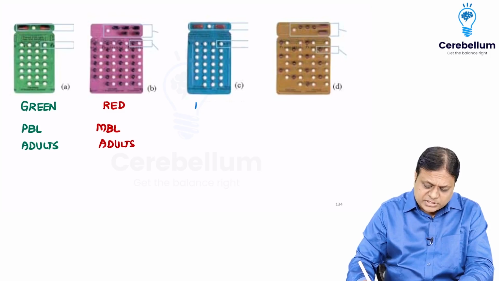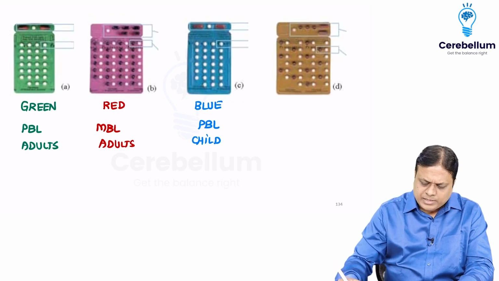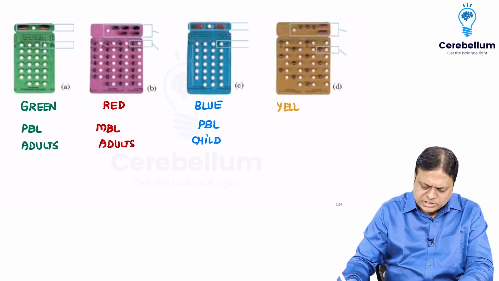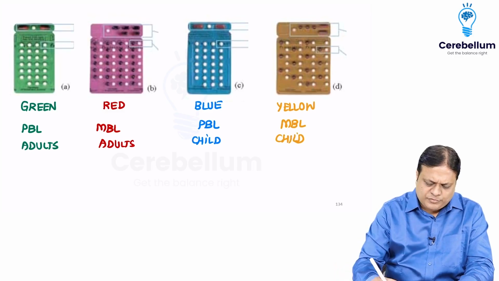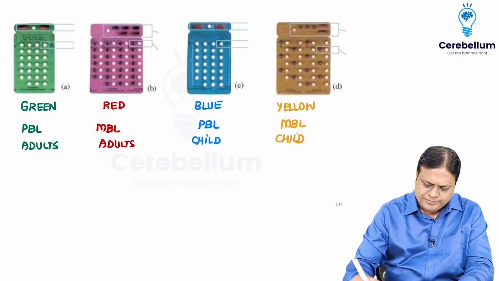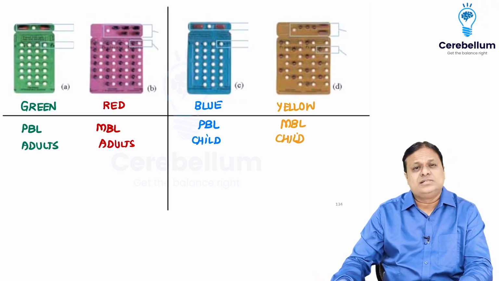Blue colored blister pack, this is paucibacillary leprosy treatment of children. And yellow colored blister pack, this is multibacillary leprosy treatment of a child. So if you look carefully, we have separate blister packs for PB and MB, adult and child in our country right now.